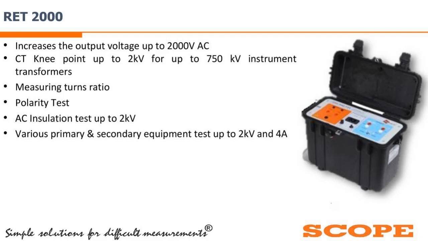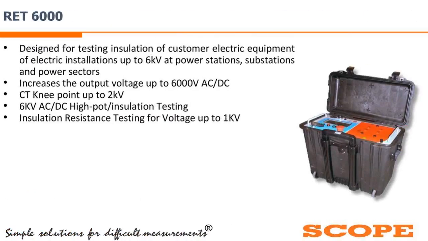Similarly, the second accessory, the RAT 6000, that we have designed, is to boost up the voltage up to 6 kV, that is required for customers' electrical equipment and electrical installations at power stations, substations and power sectors.